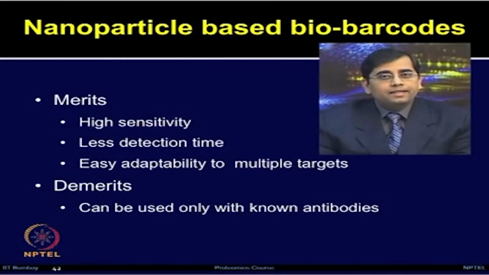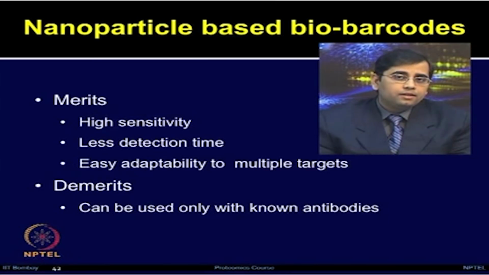The nanoparticle based biobarcodes offer various advantages. Its merits include high sensitivity, less detection time, and it can be easily adapted to multiple protein targets. Now, its demerit is that it can be used only for known antibodies.